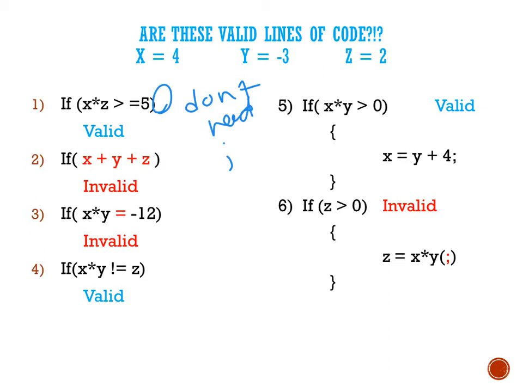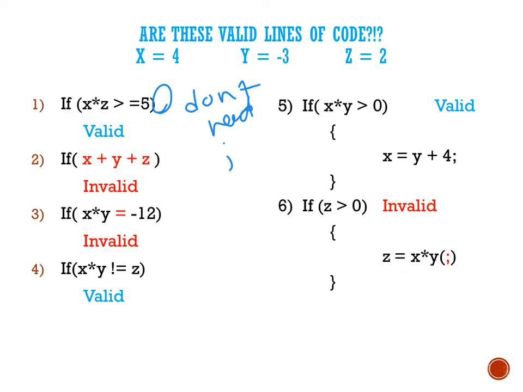It's not a full statement. Nothing is really happening as a result of that statement. It's just saying check this condition and then follow the instructions after. So you do not need a semicolon after your if and your Boolean statement.